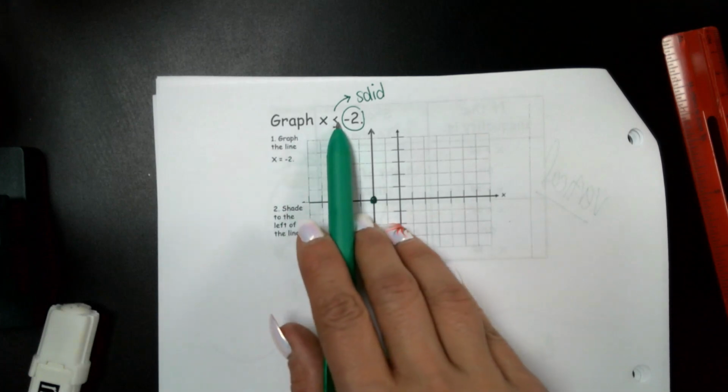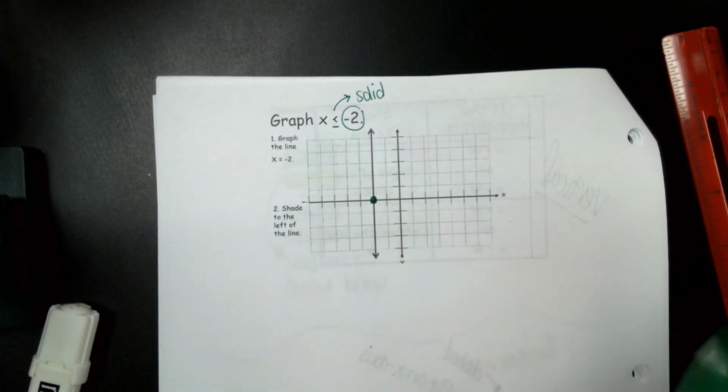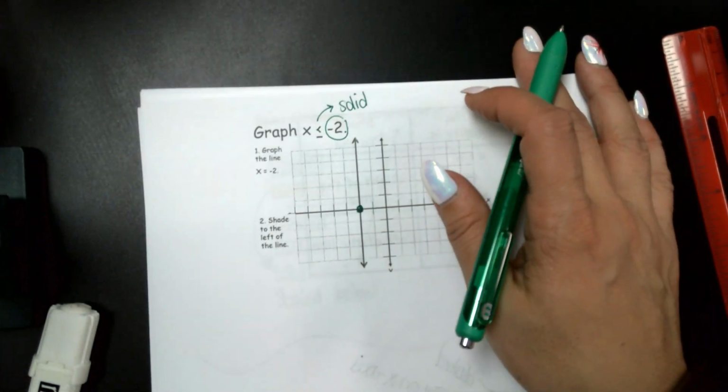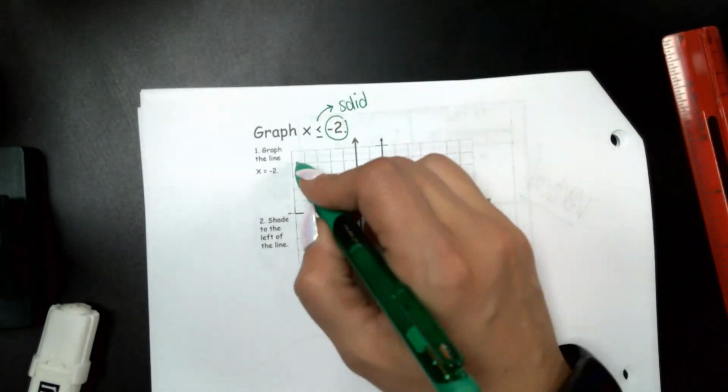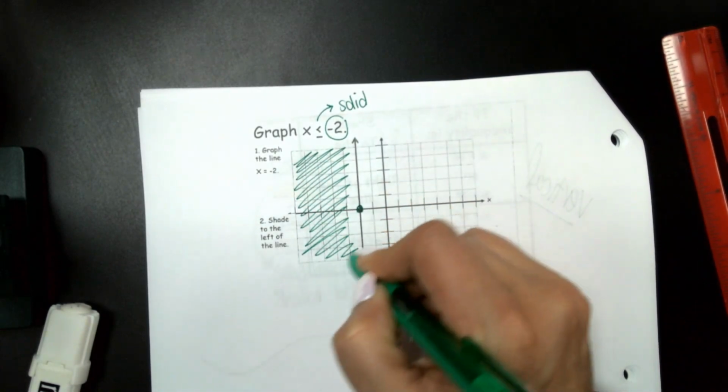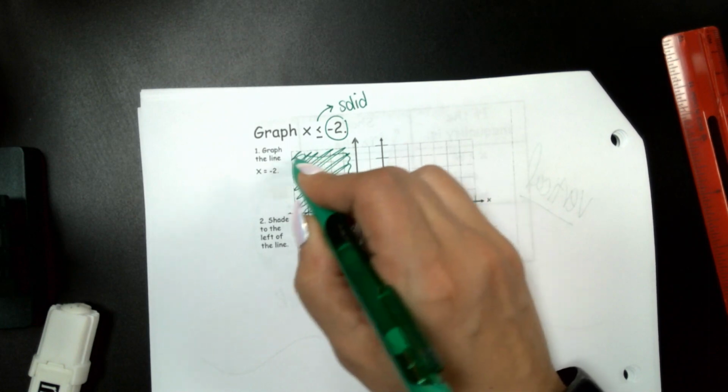And then because it's less than, do we go left or right? Less than goes left. Less, left.